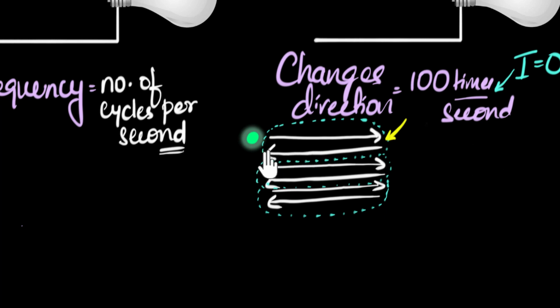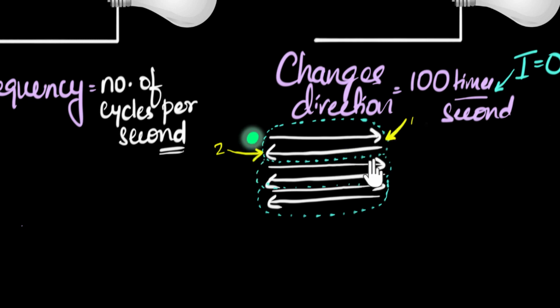It finishes its cycle when it changes its direction again. Why? Because notice the next cycle cannot begin unless you change your direction. So the electron finishes the first cycle after changing its direction again. It changes direction once, and then a second time. So in 1 cycle, the electron is changing its direction 2 times.